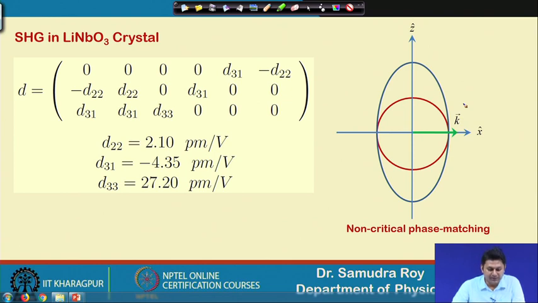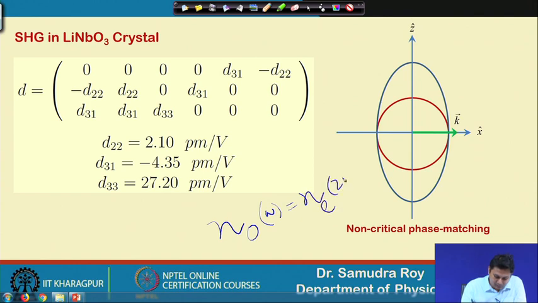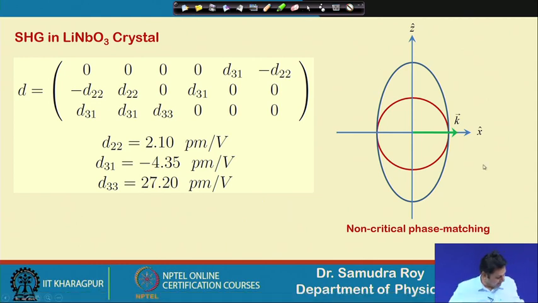By varying temperature we can really make the condition n_o of omega equal to n_e of 2 omega, without any theta involvement. That means this angle should be pi by 2, and that one can achieve in the lithium niobate system. Okay, so let us see what we have in the next slide.